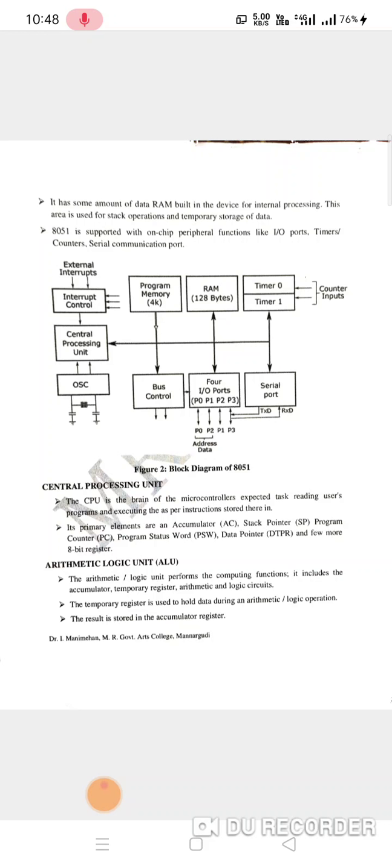The temporary registers are used to hold the data during arithmetic and logical operations, and the result is stored in the accumulator register.